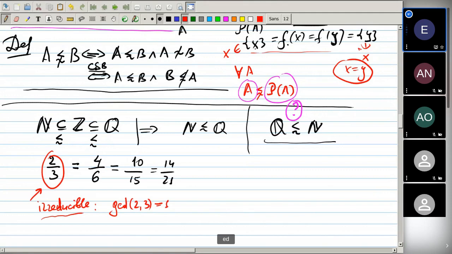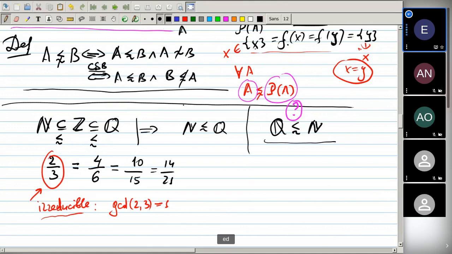They are co-prime. By the way, have you had co-prime numbers in your number theory course? Yes. So it is irreducible. That means that you have already cancelled out everything what was possible from the numerator and the denominator. It is an irreducible fraction.